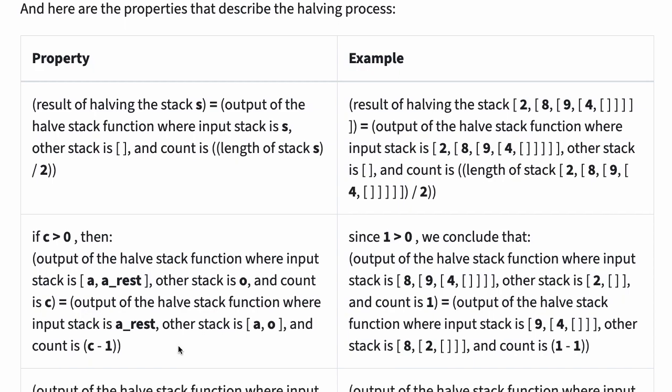And here are the properties that describe the halving process. Result of halving the stack S is equal to the output of the half stack function, where input stack is S, the other stack is empty, and the count is the length of stack S divided by 2.